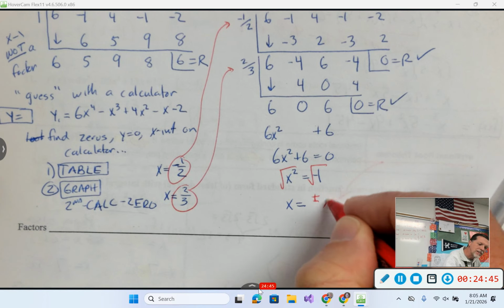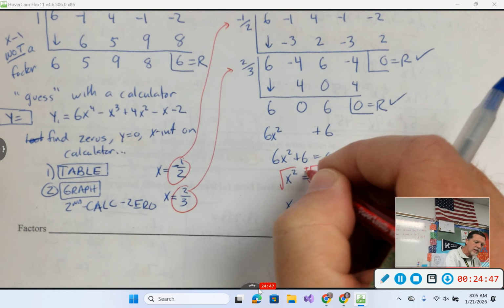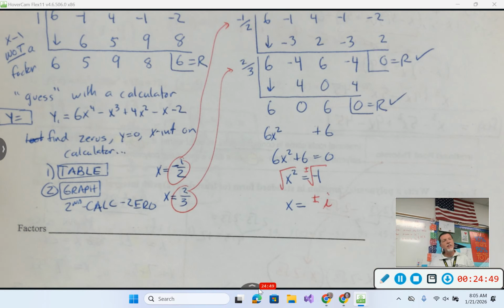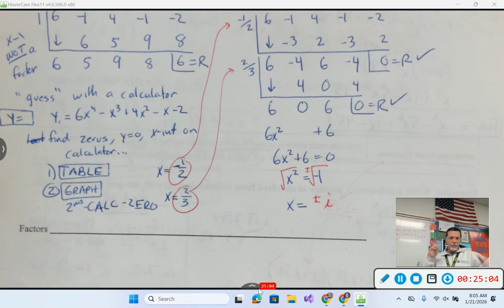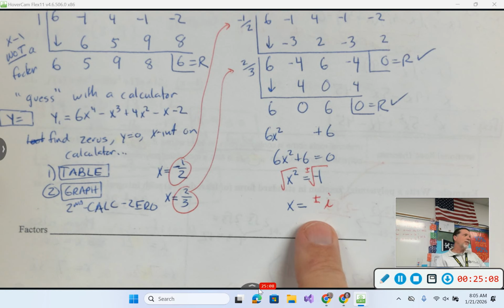Good, plus or minus i. Got to put this plus or minus on. Don't forget the negative comes out as an i. How many answers do I now have total? 4. I've got the 2 I found on the calculator. Those are the real answers. Mason was right to be like, wait a minute, supposed to have 4. Where are the others? They're imaginary, so that's why they didn't show up on the graph.